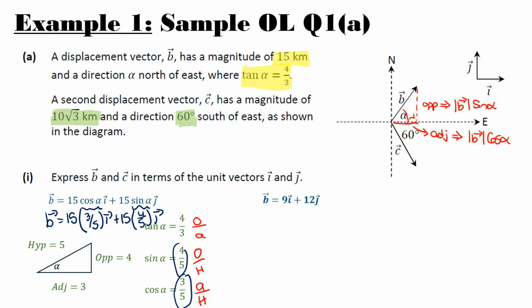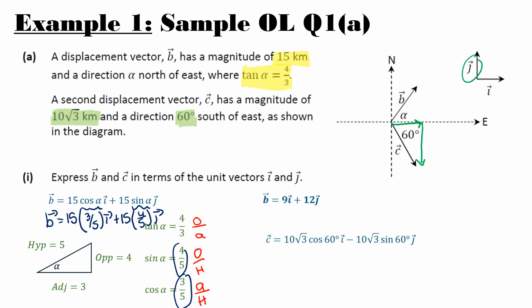So just be careful. Now, for C, it's a little bit easier. So I'm just going to clear this because they've given us the angle. So we don't have to mess around with the right angle triangle. However, look at what's happening here. For C, you're going across, but then you're going down. So that down means we're going to have negative in the j direction.